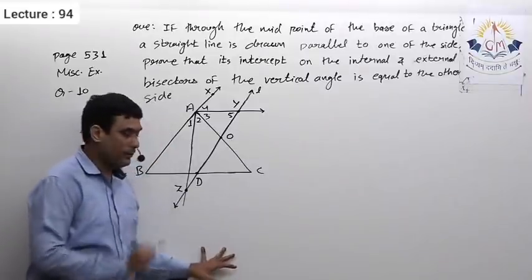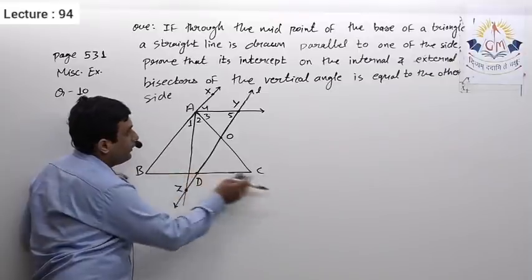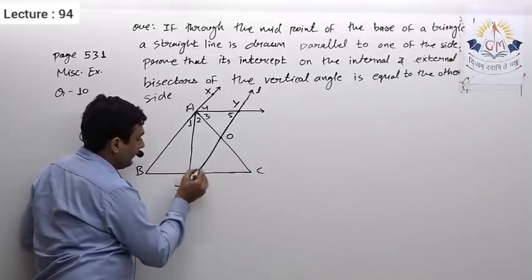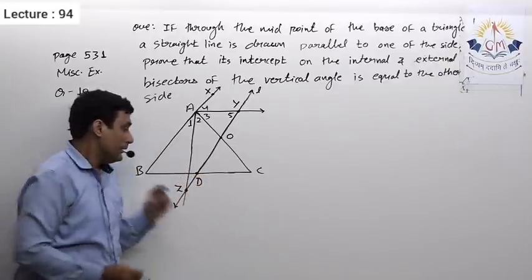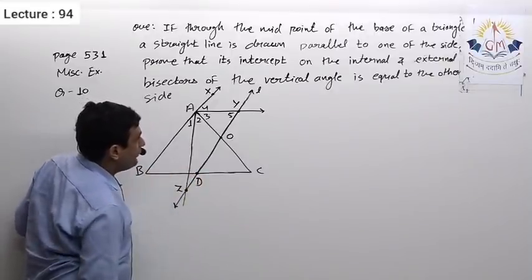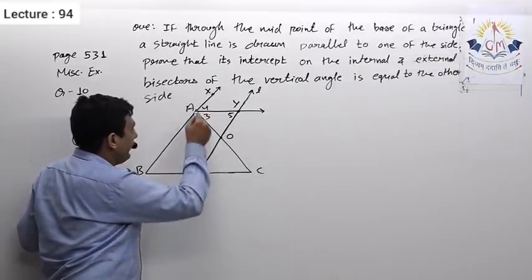Once again I am explaining the question. Question says, if through the midpoint of the base of the triangle, I took D as the midpoint of the base BC. Now from this D a straight line is drawn which is parallel to one of the sides, parallel to AB.